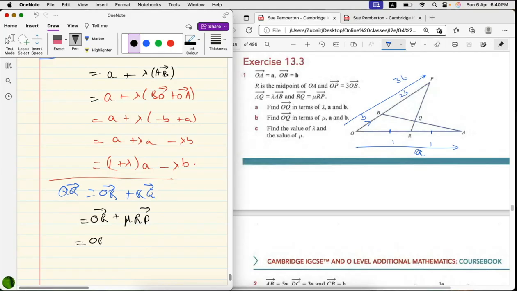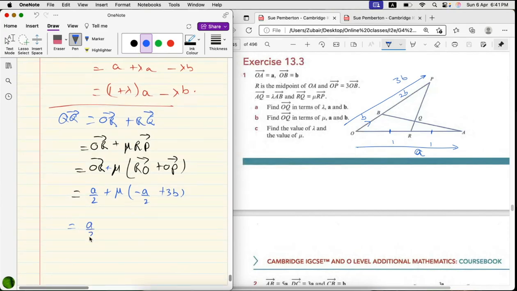And we can further simplify this RP. RP is RO plus OP. And this is time to replace the vectors. OR is A by 2 because that was the midpoint of OA, plus mu times RO, minus A by 2, plus 3B.